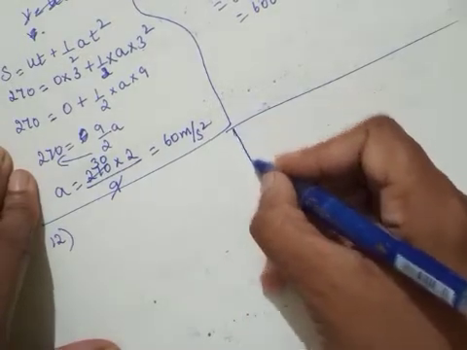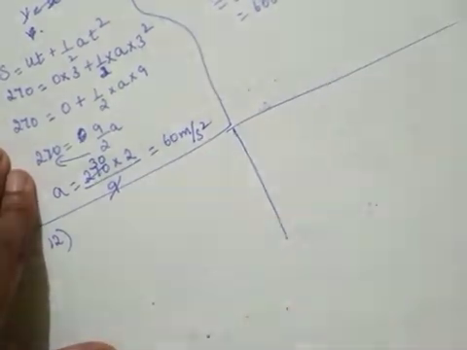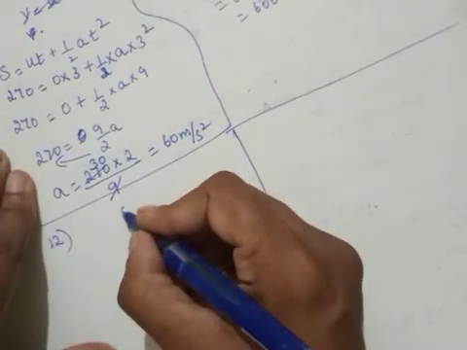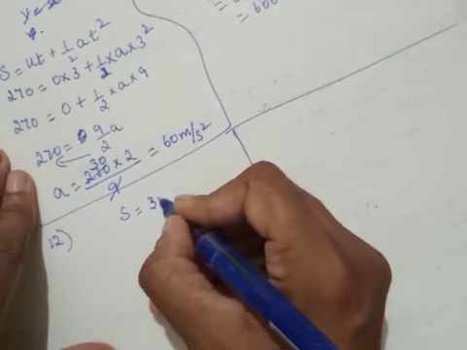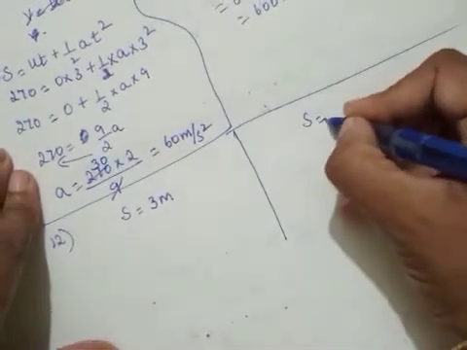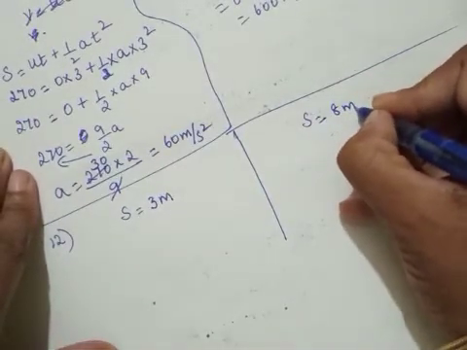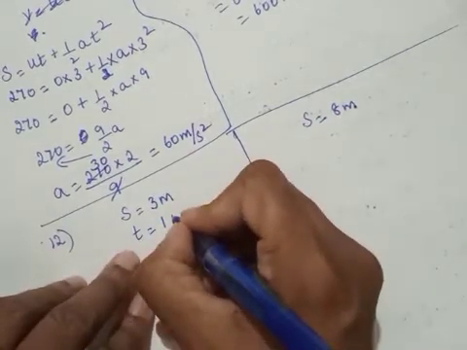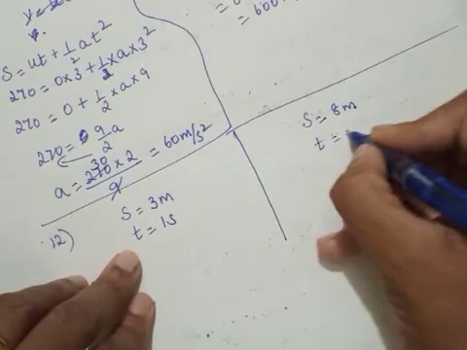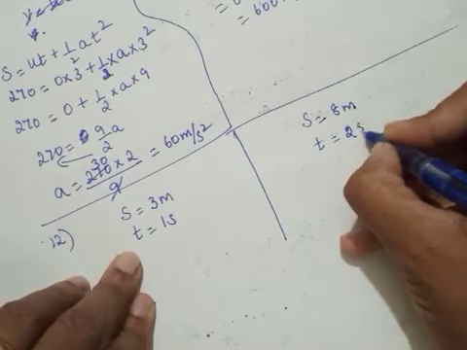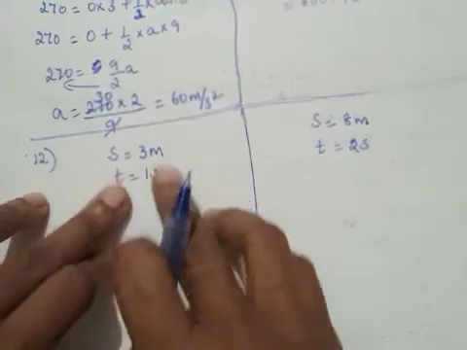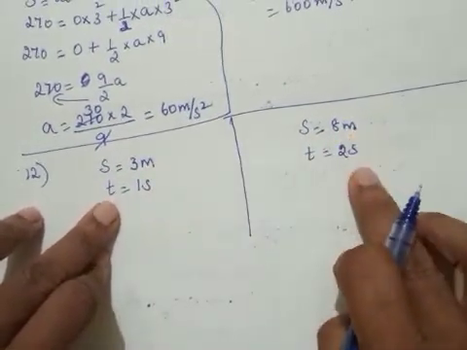So they have given you two cases, means two information. First information, displacement is 3 meter, and here displacement is 8 meter. This has happened in a time interval of 1 second, and this has happened in a time interval of 2 seconds. It has traveled 3 meter in 1 second and 8 meter in 2 seconds.